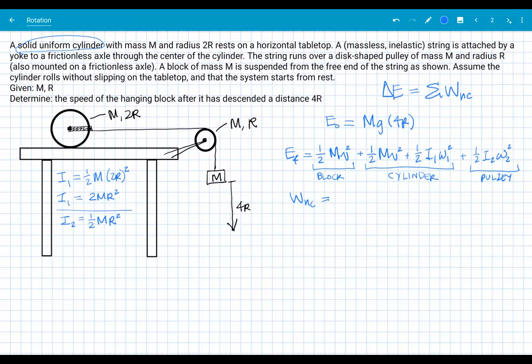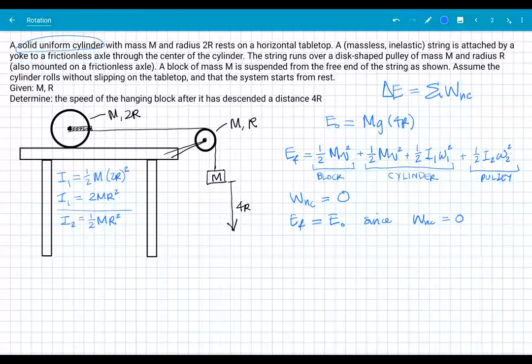Static friction can do work in all kinds of other situations, as we've seen, but in the context of perfect rolling like this, the net work done by static friction is also 0. So the bottom line is that the work done by non-conservative forces in this very well-behaved case is 0. That gives me an equation I can write: energy final is equal to energy initial, since the work done by non-conservative forces is 0.